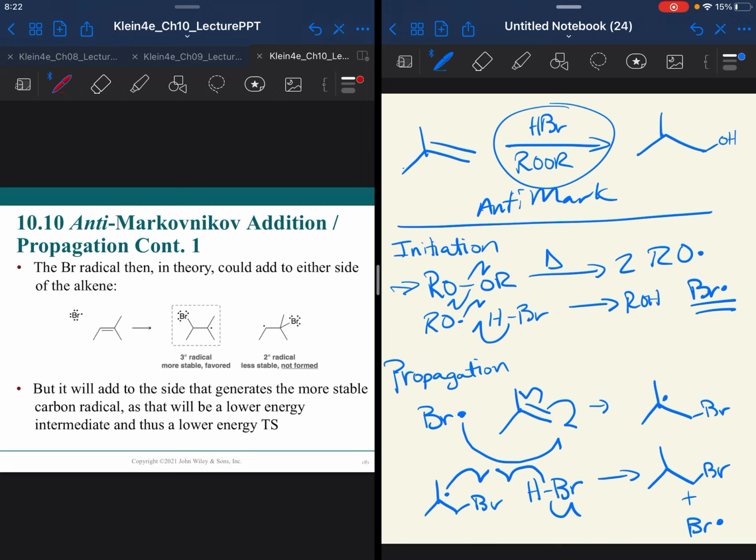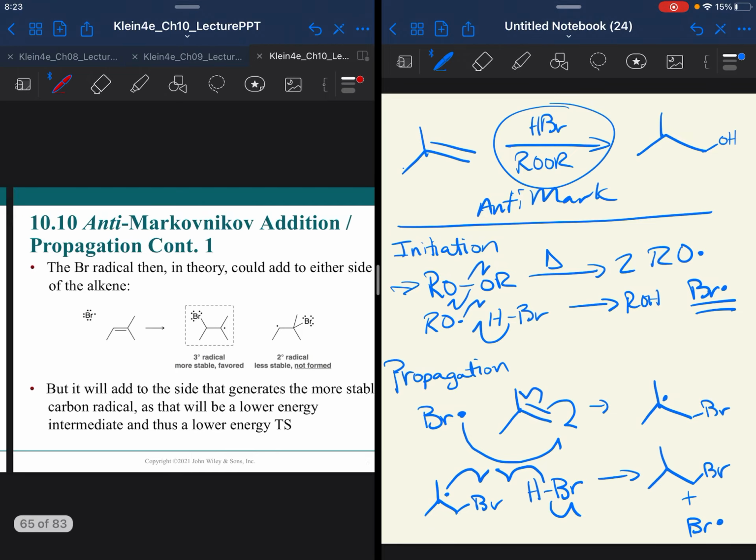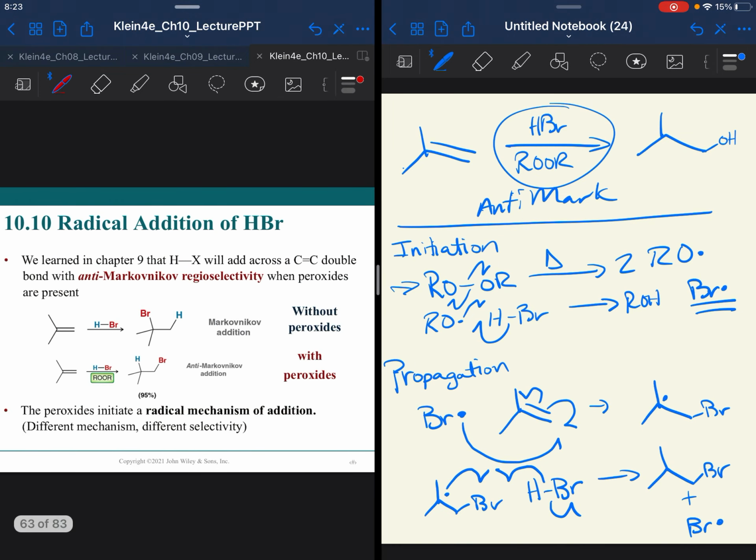So you don't need much of this at all. You don't need much of that peroxide at all, which is why when this reaction was found by accident, right? The person that discovered this reaction was trying to add bromine across a double bond and assumed it would go to the more stable position, the more substituted position.